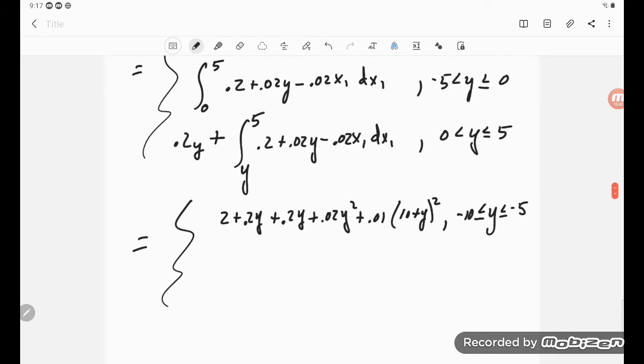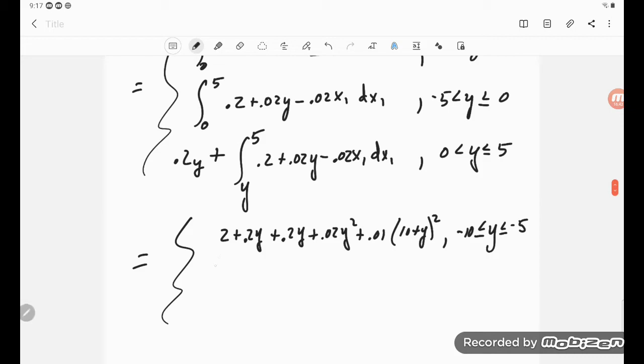Now 0 to 5, so we'll just get 5 times 0.2 is 1, and 5 times 0.02 is 0.1, so plus 0.1y. And then we'll get our 0.01 times x1 squared, so that's going to be plus 0.01 times 25, so that's 0.25. And that's from minus 5 less than or equal to y less than or equal to 0.